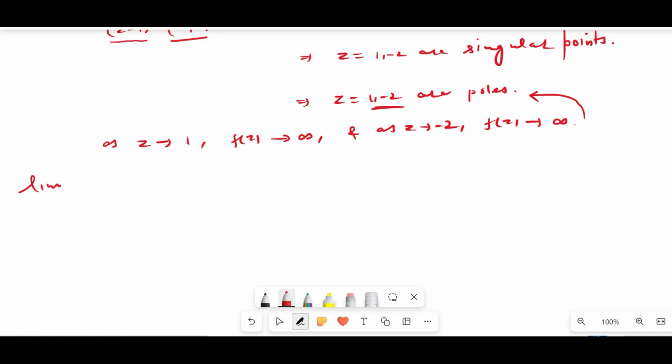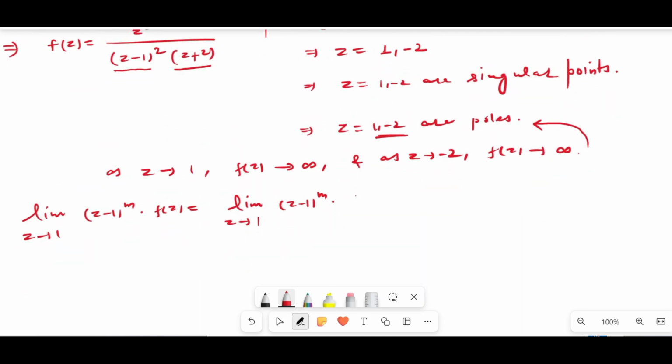So now the limit z tending to 1, (z minus 1) to the power m multiplied by f of z, this is equal to the limit z tending to 1, (z minus 1) to the power m times z squared over (z minus 1) whole squared times (z plus 2), that is limit z tending to 1, (z minus 1) to the power m minus 2 times z squared over (z plus 2).